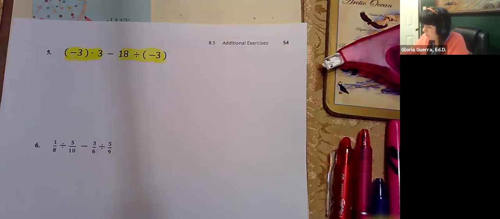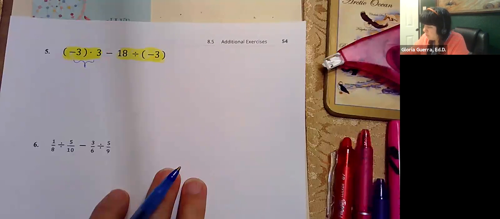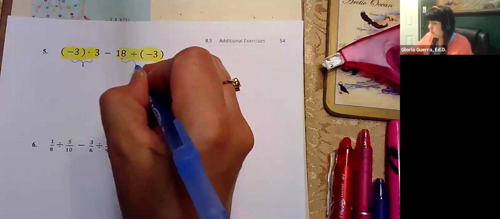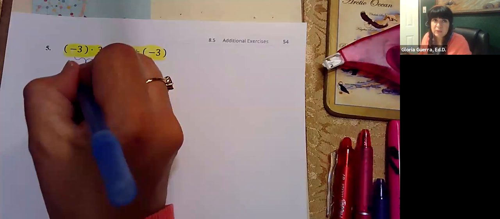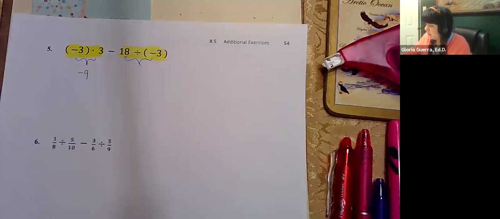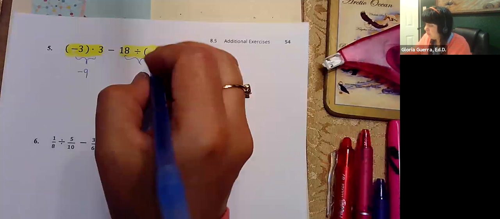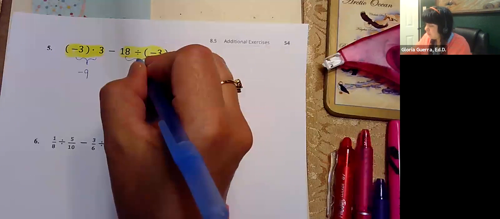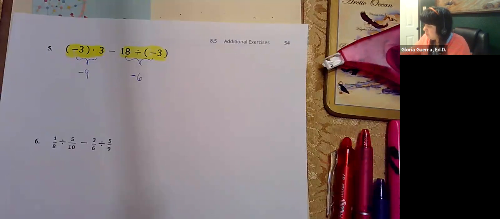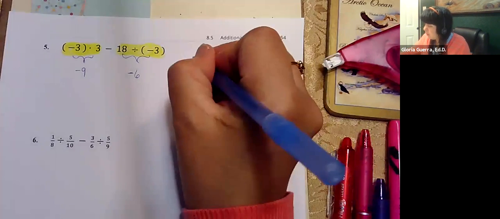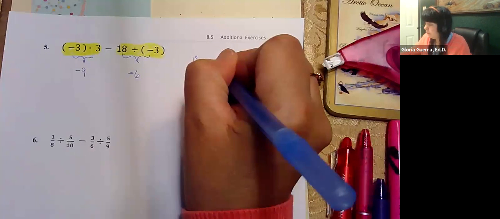So -3 times 3 is -9. Different signs produce a negative result. 18 divided by -3 gives you -6.